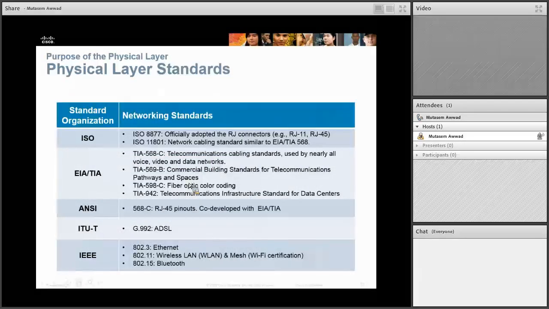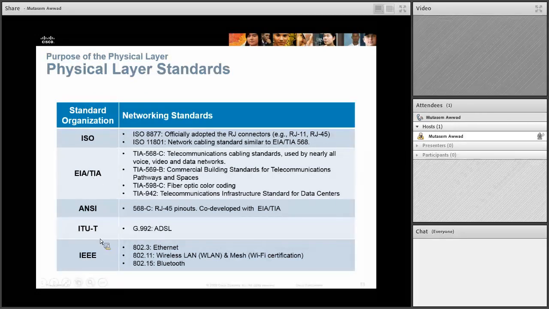Anyway, here are some physical standard organizations that we also discussed in Chapter 3. The International Organization for Standardization, those are the ones that came up with the OSI model. The EIA-TIA, this group really looks at all the standards for cables, coax cables, the copper cables, the pins that are in there.